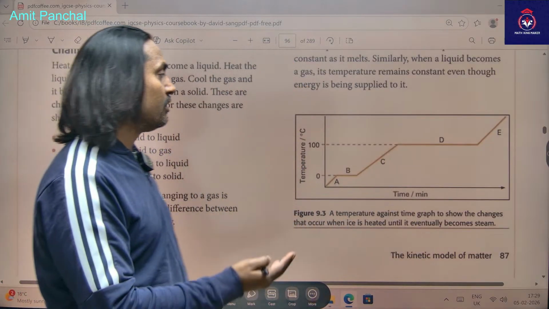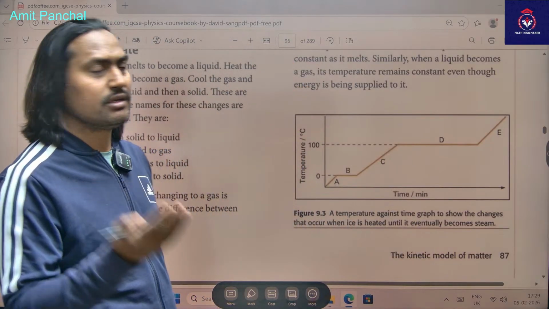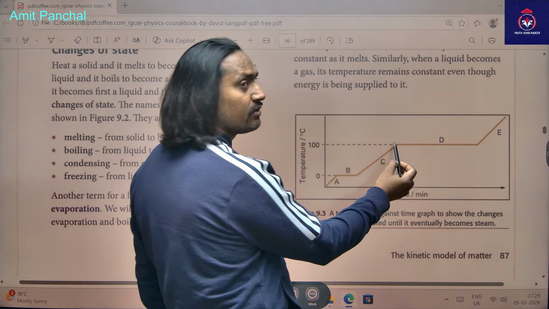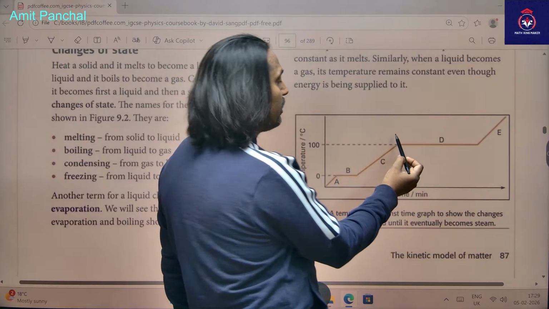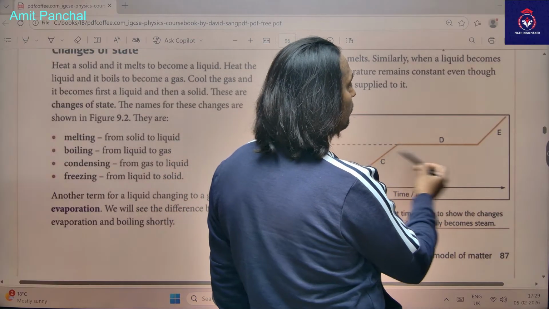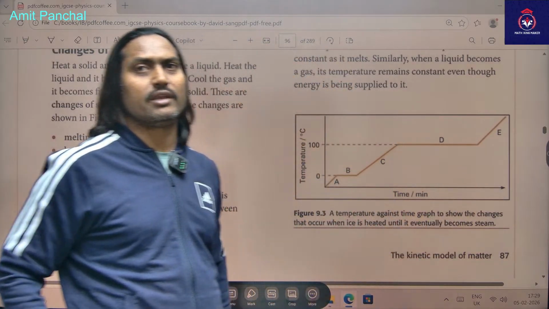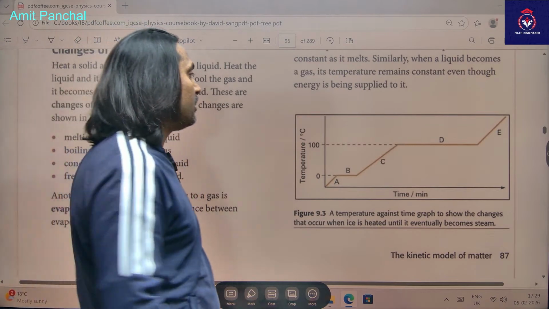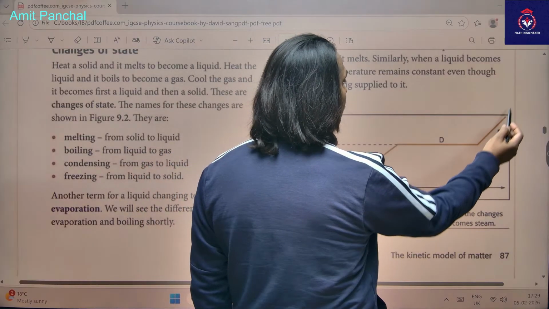But if you keep on heating it, it boils. Boiling starts at this point, and from here to here it is boiling, but it is not changing its state. And here you can see it is changing its state to gaseous.